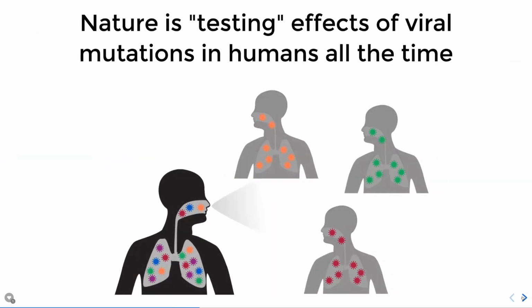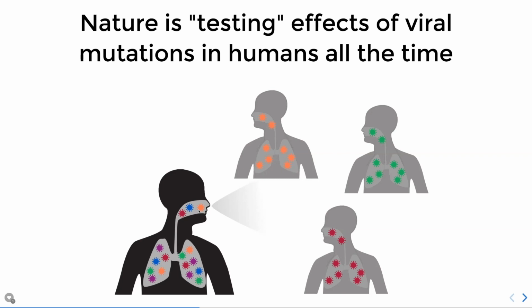However, if we think about this, natural evolution has been conducting exactly the experiment that in many cases we would like to do. Nature is essentially testing the effects of viral mutations in humans all the time. When a person is infected with SARS-CoV-2, many viral mutants are generated within the body of that infected person. Most of those mutants never have a chance to propagate onward, but the typical person will infect one or two or sometimes more other people.